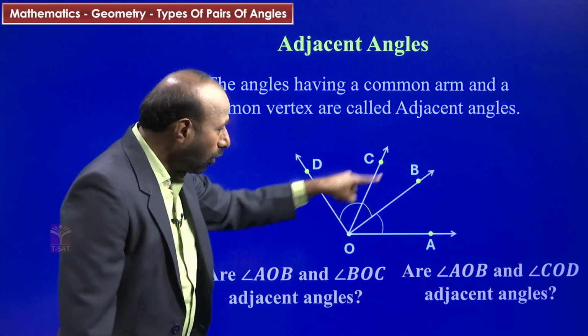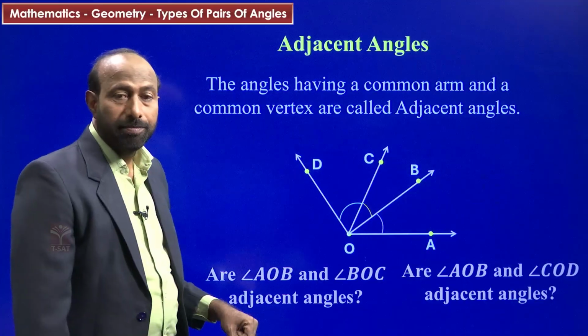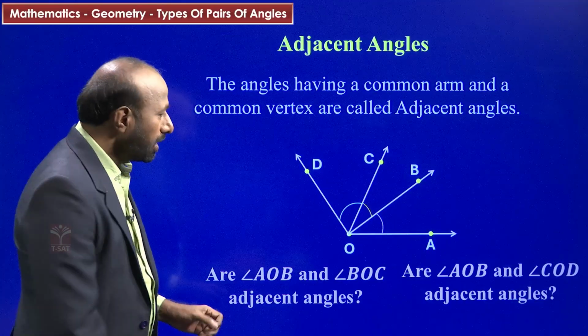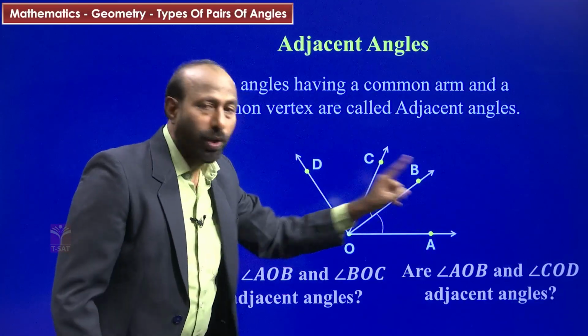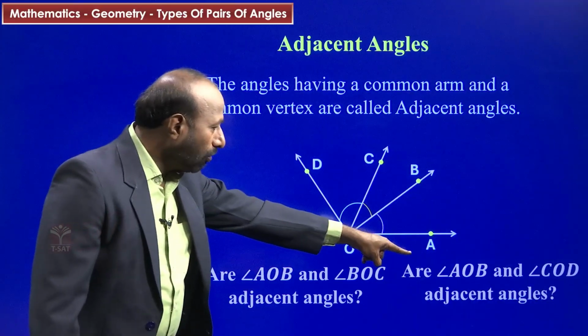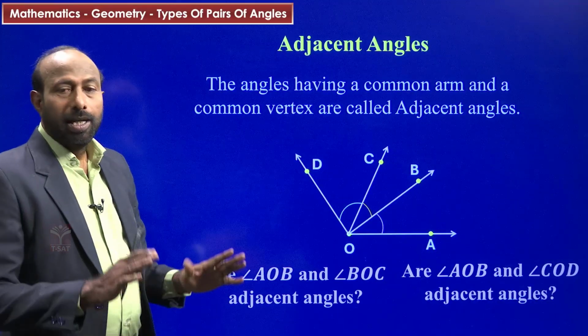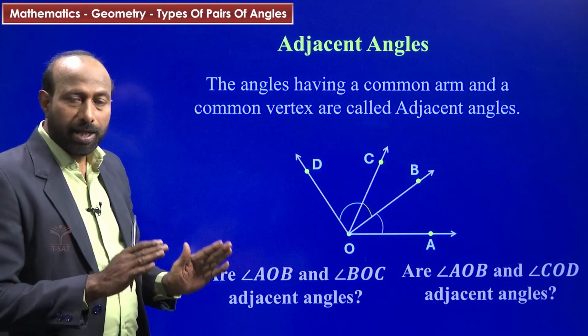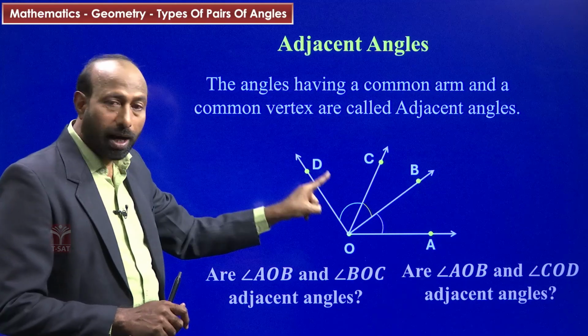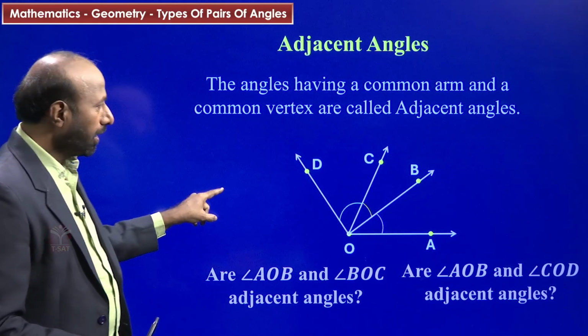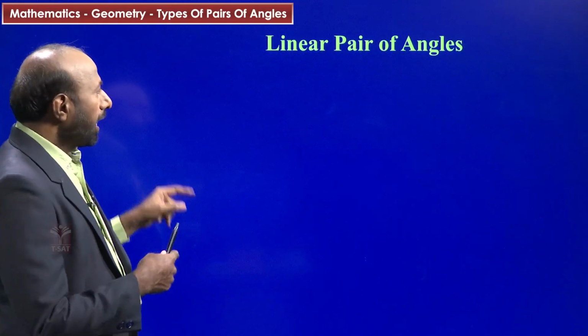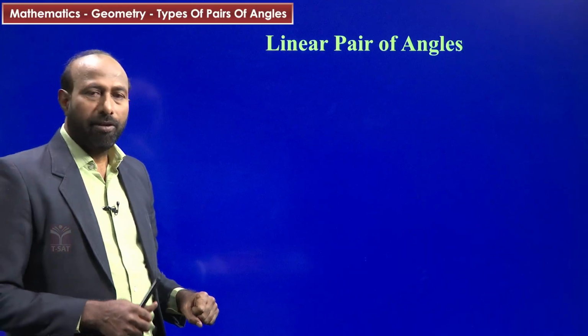Are angle AOB and angle COD adjacent angles? No, because there is no common arm for these two angles. That is why angle AOB and angle COD are not adjacent angles.